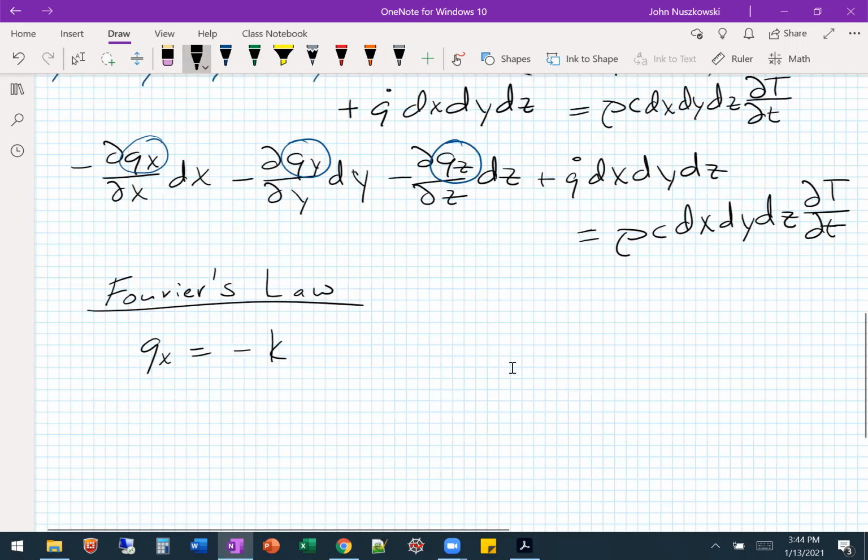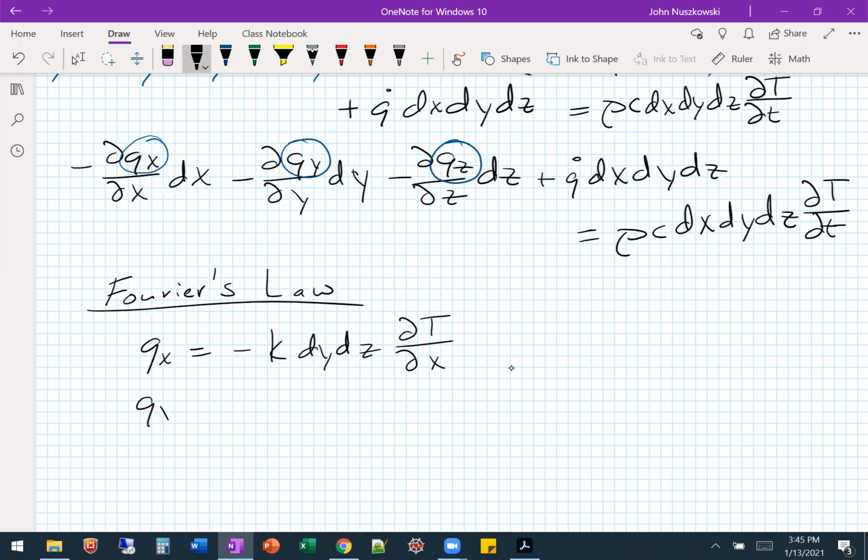So for x, we had dy dz as our area that it's going through, and then dT/dx, partial temperature with respect to x.